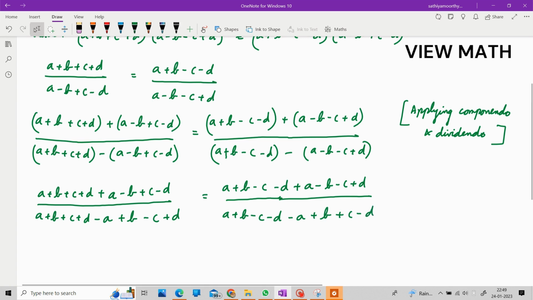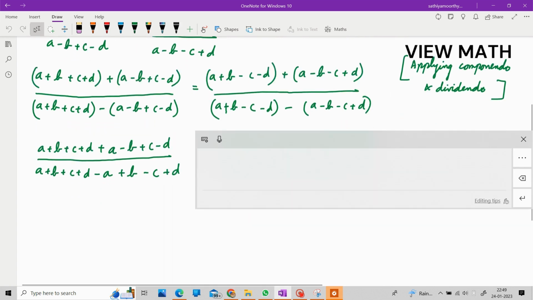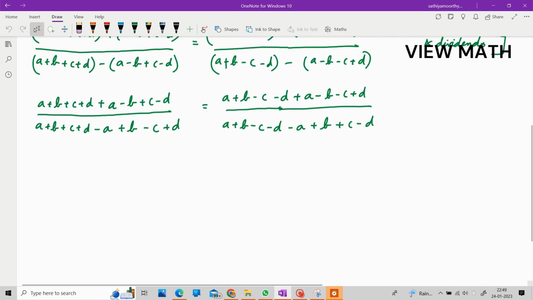Now let me simplify this. Here I can see b plus b and minus b, so I can cancel, and then plus d and minus d I can cancel. Denominator, if I take a and minus a, I can cancel. c and minus c, I can cancel.